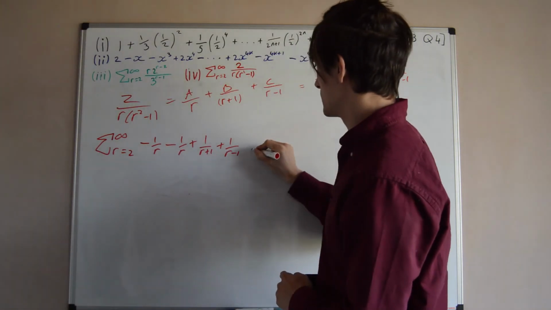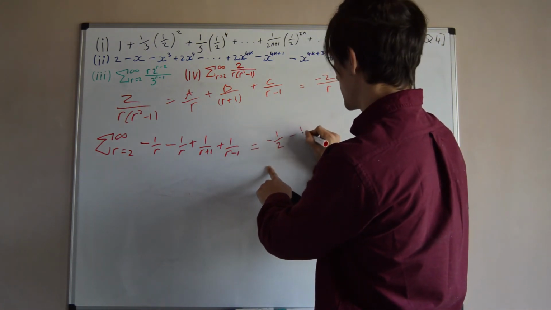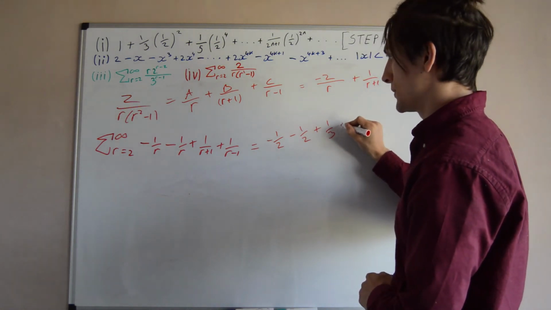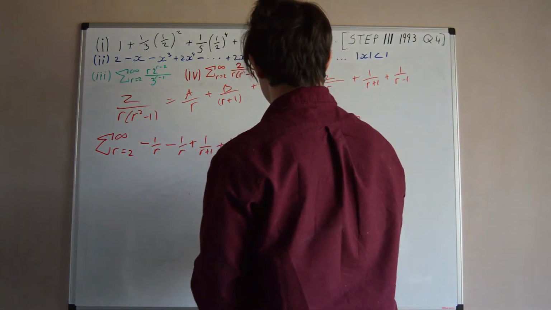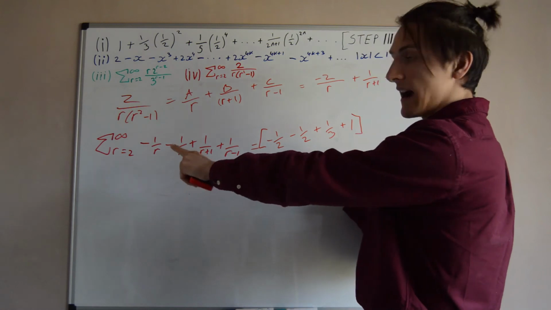So r equals 2. We're going to get minus 1 over 2 minus 1 over 2 plus 1 over 3 plus 1. Okay? This is the first term. Plus, the next term, r equals 3.